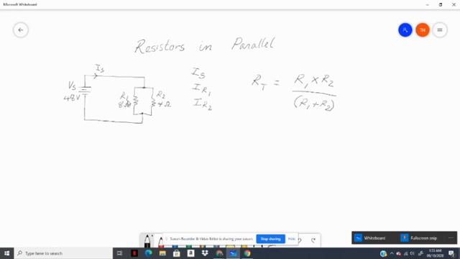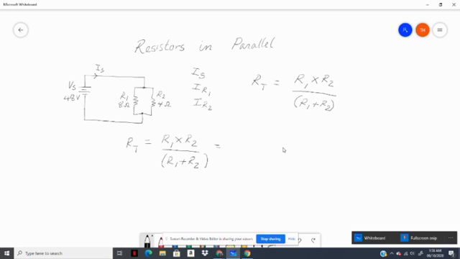So let's do the calculation for this circuit. R total is equal to R1 by R2 divided by R1 plus R2.